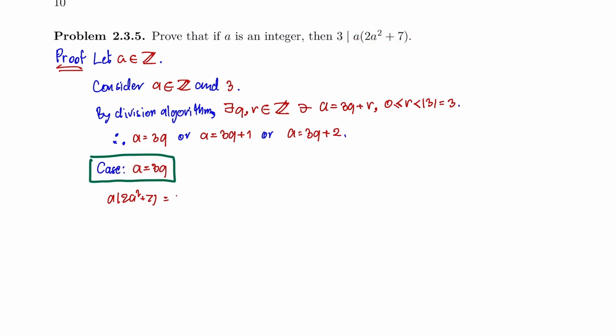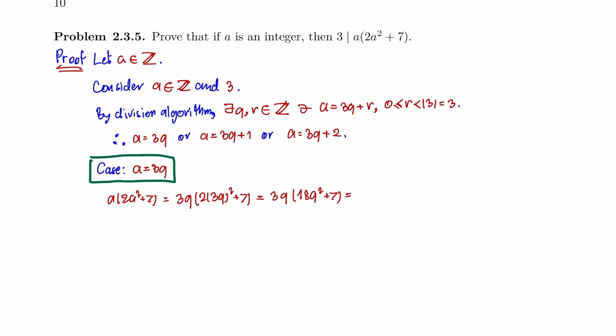So we have 3q times (2(3q) squared plus 7). We have 9q squared inside, so we have 3q times (18q squared plus 7).